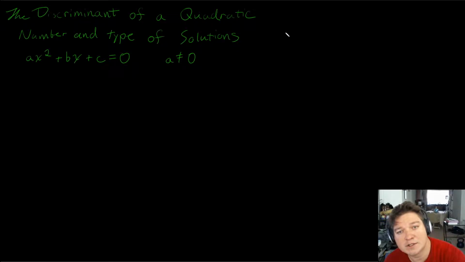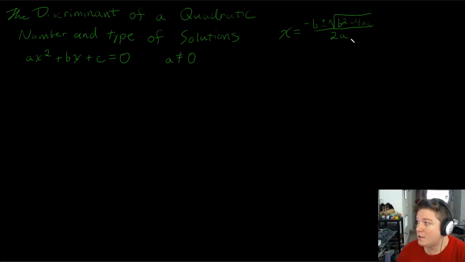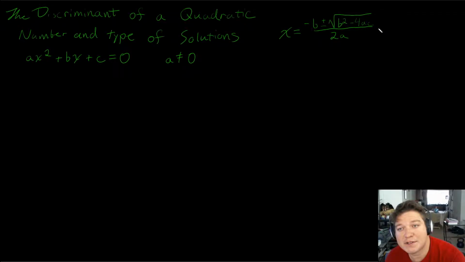But we already know what a solution to the quadratic is. It's x equals negative b plus or minus the square root of b squared minus 4ac, all of that divided by 2a. This is the quadratic formula we derived in the last video, and the one thing I'm going to point out here is that this can actually be written slightly differently.